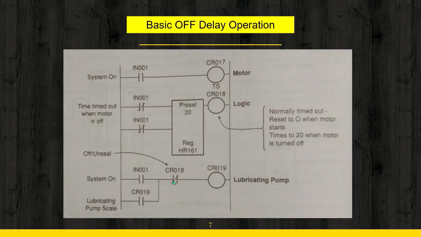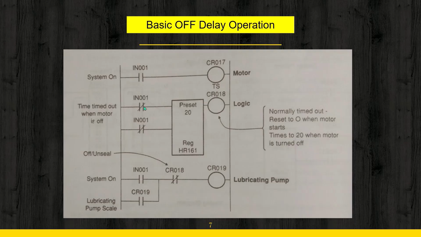Now you see that when this output coil is not activated, then this contact will remain closed, because this is a normally closed contact, and it corresponds to this coil. So under normal condition, when this coil is not activated, this remains closed and your lubricating pump is on.